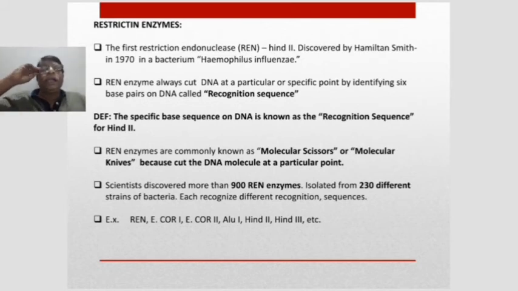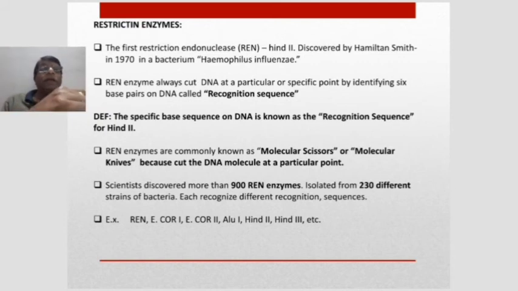So host cells, we have seen now. Next, very important, restriction enzymes. There is a small spelling mistake here. Restriction enzymes, REN we call in brief, restriction endonucleases.